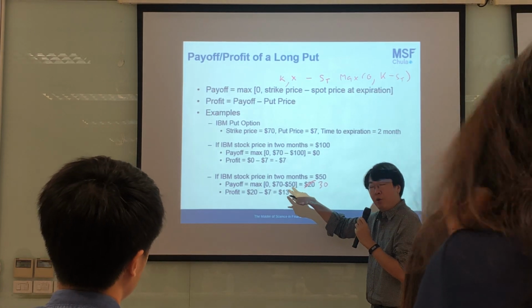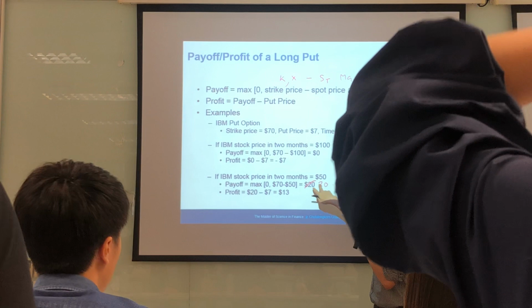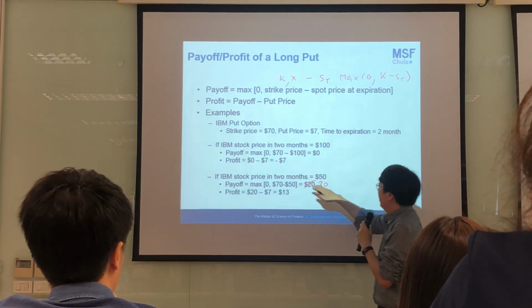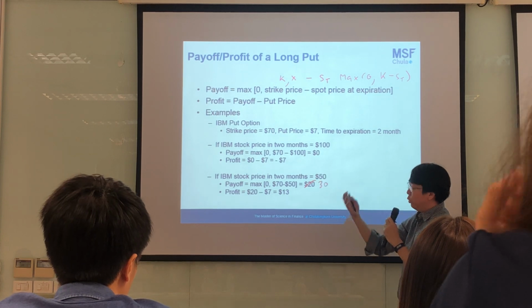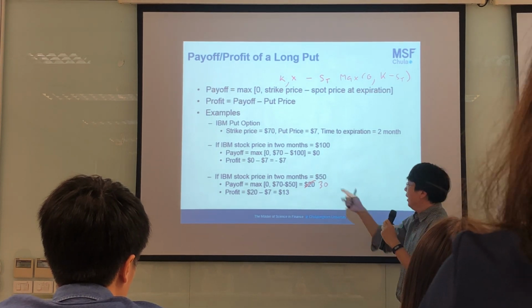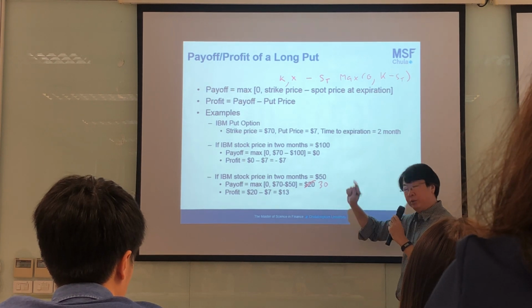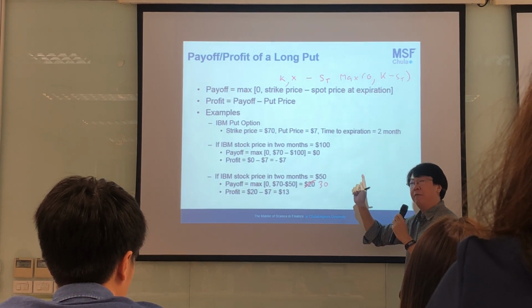The put option holder may exercise with you at 70, so you buy the stock at 70 and then sell it in the market at 50. You lose 20, but you got 30, so you have $10 left.